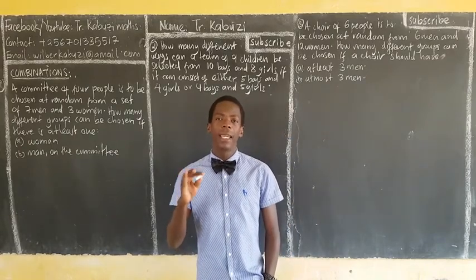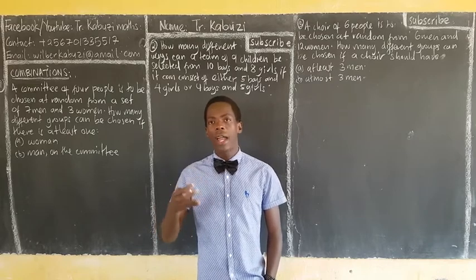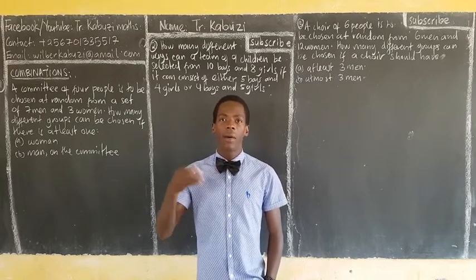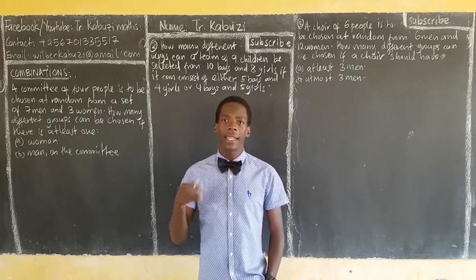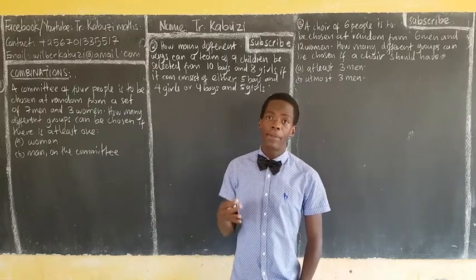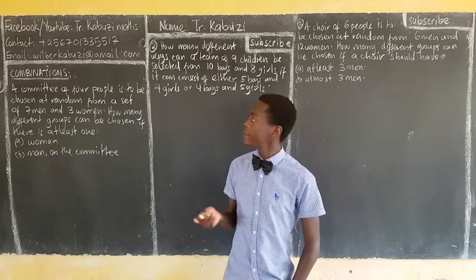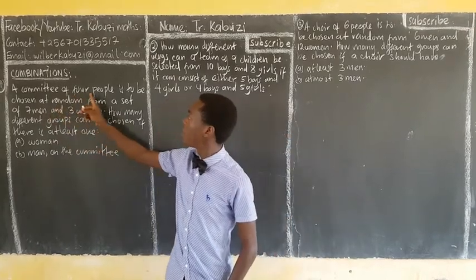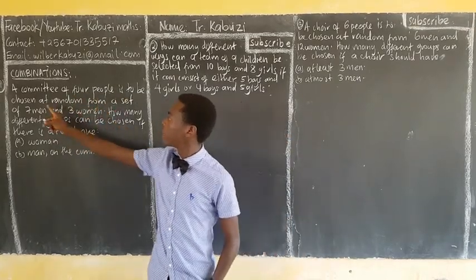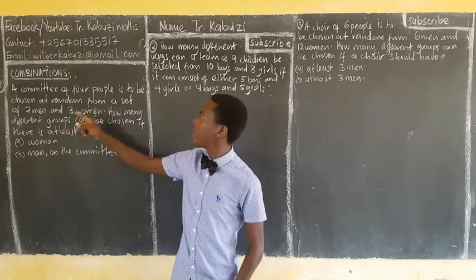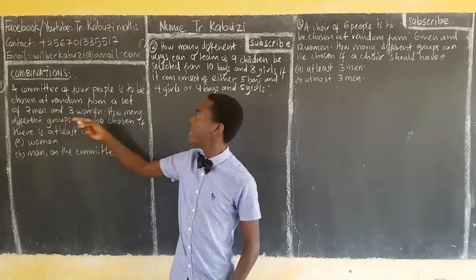Now, in this one we are going to see how you handle at most cases and how you handle at least cases in these examples. To start with, we are starting with this first question. It says, a committee of 4 people is to be chosen at random from a set of 7 men and 3 women.